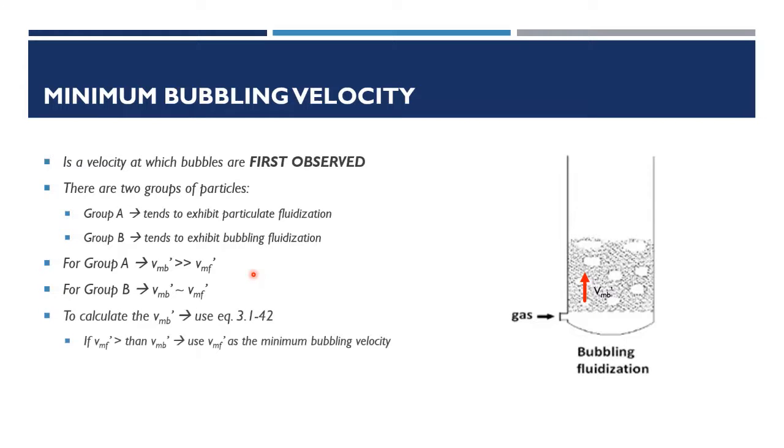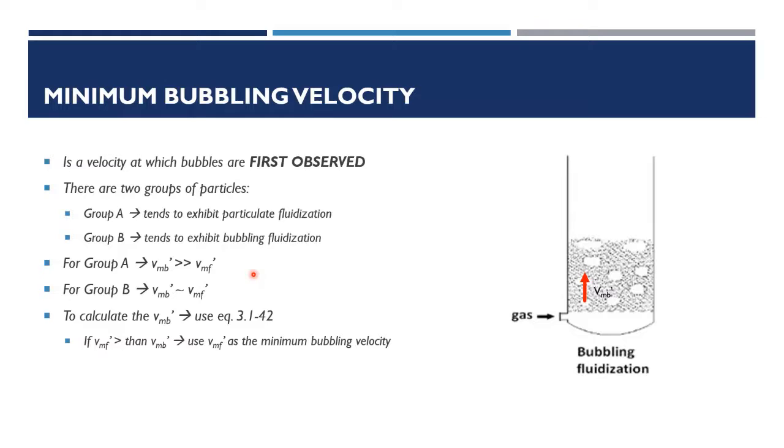Now to calculate the minimum bubbling velocity, you can use equation 3.142. If the velocity of minimum fluidization is larger than the velocity of minimum bubbling, use the velocity of minimum fluidization as the minimum bubbling velocity.